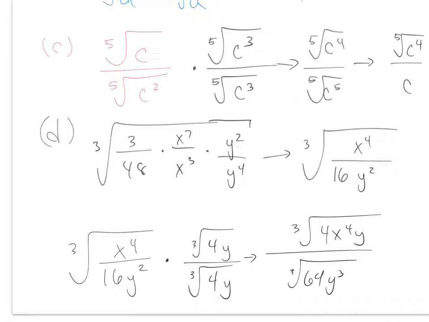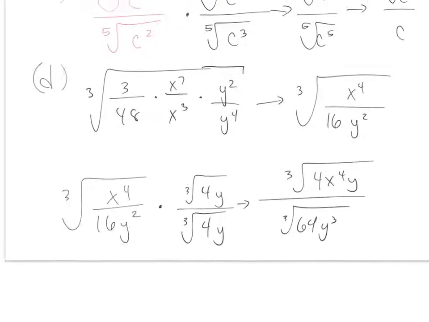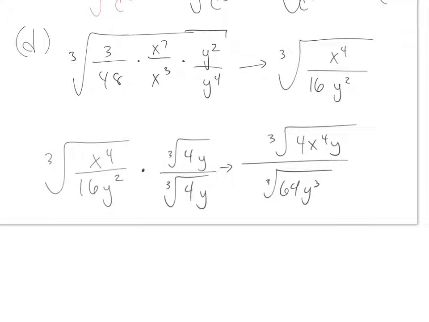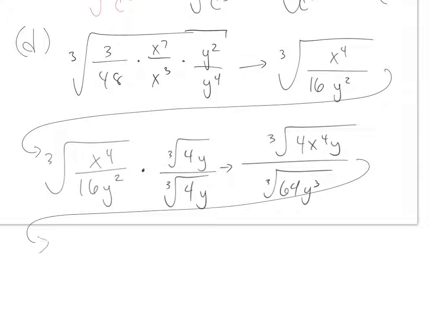The denominator simplifies very nicely. It becomes simply 4y. The cube root of 64 is 4. The cube root of y cubed is y.